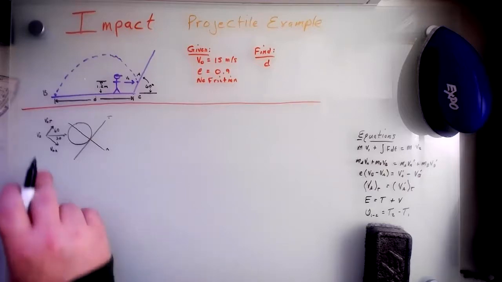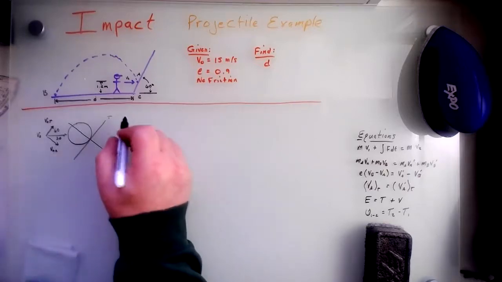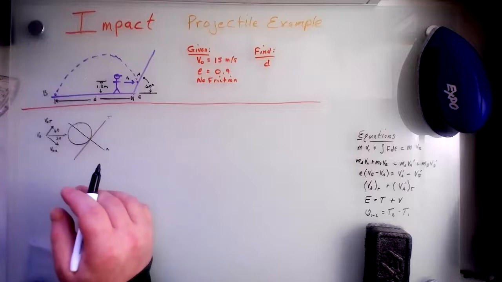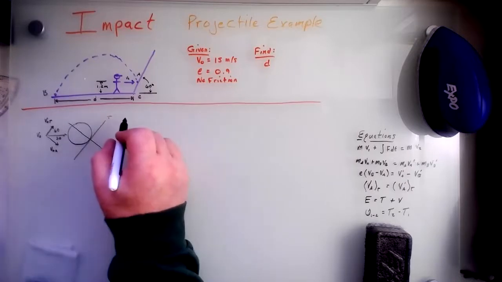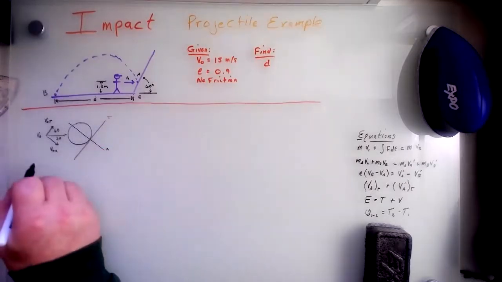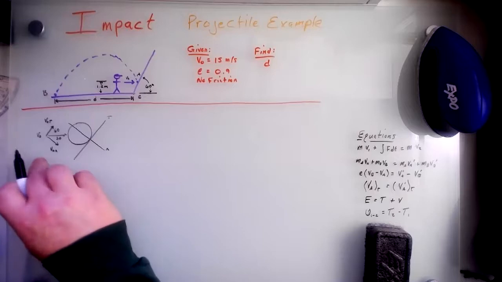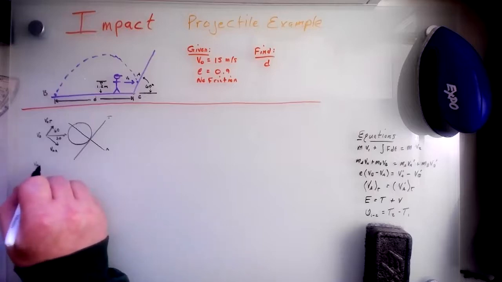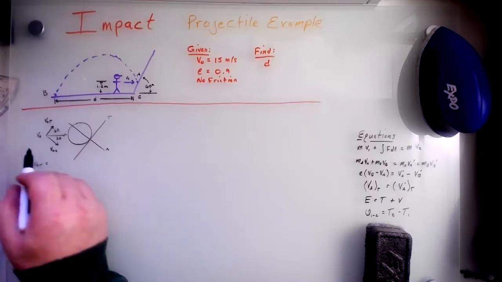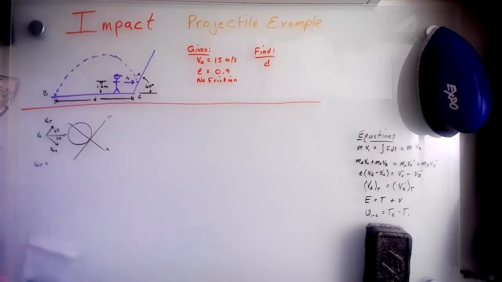So as we're figuring this out, V naught tangential, V naught T, is V naught times the cosine of 60.